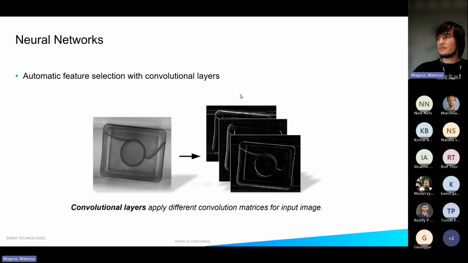Here you have a simple example of feature selection. For each layer, the model focuses on something different. Here, probably you did binarization of the image 2 days ago. So it's a simple example of what you can extract from the image.